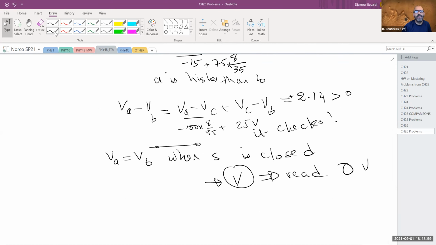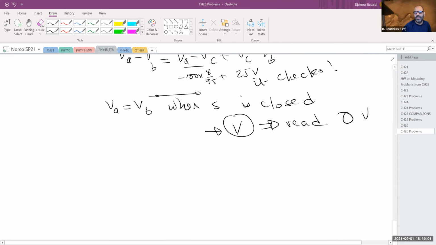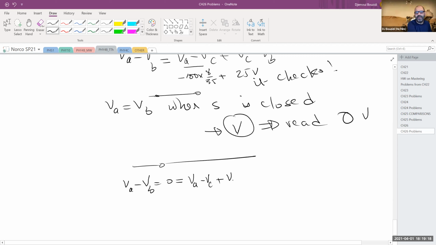So the first one gives me VA minus VB, which is 0. I know that because now the whole thing is short-circuited by that switch being closed. It is equal to VA minus VC plus VC minus VB.